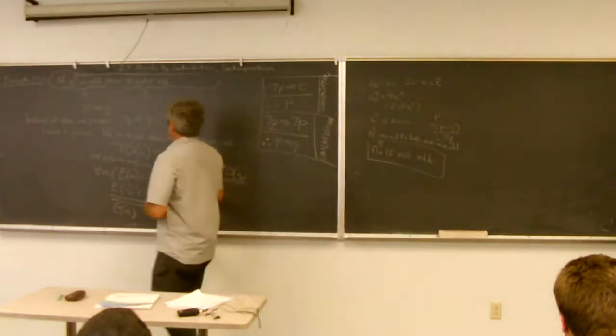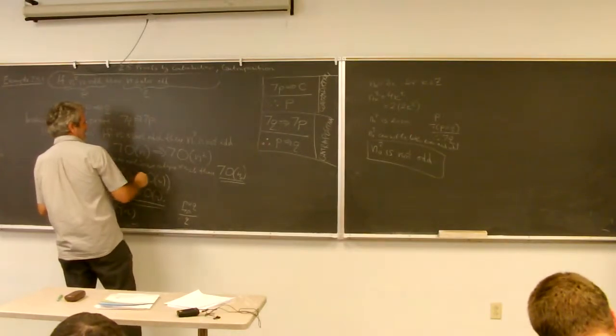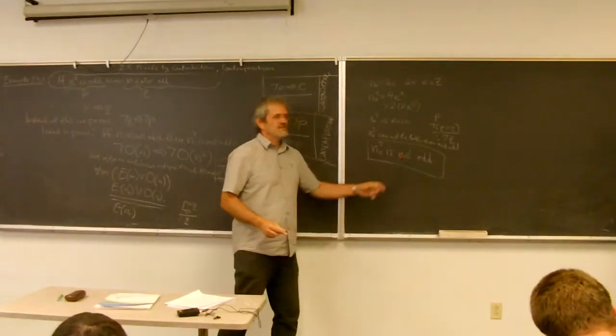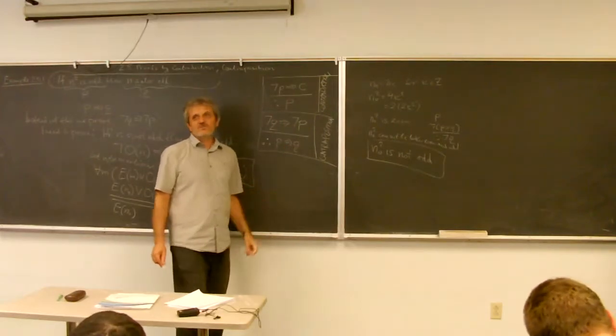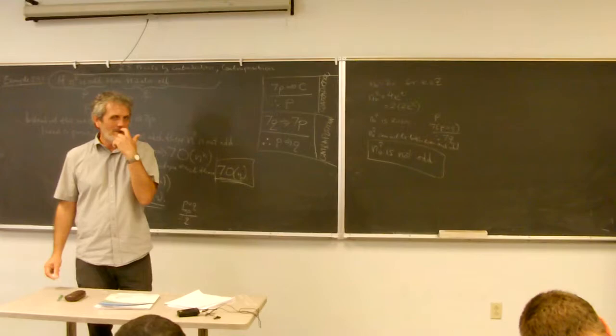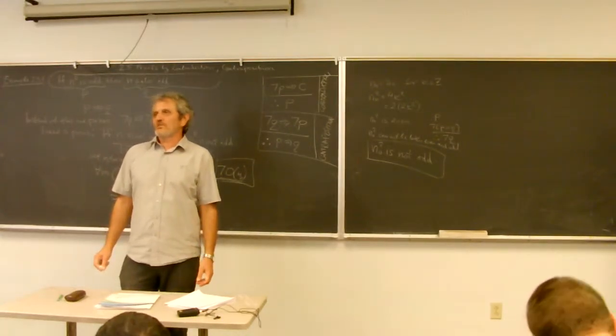What we did is we assumed that n0 is not odd, and we concluded that n0 squared is not odd. Now we call contraposition, and then our original statement is true. So you need to understand, when do you use contraposition?